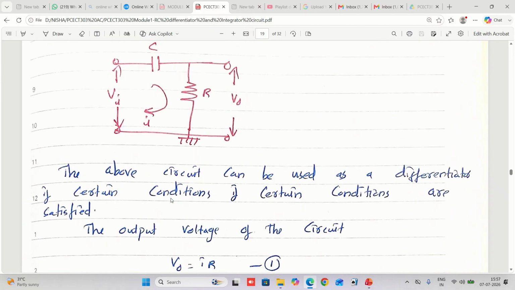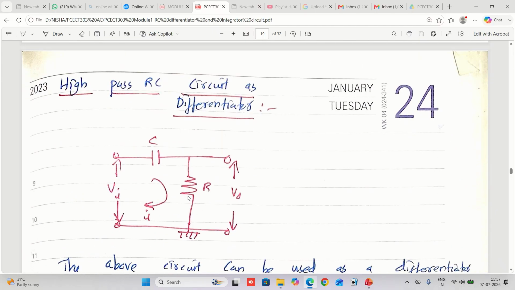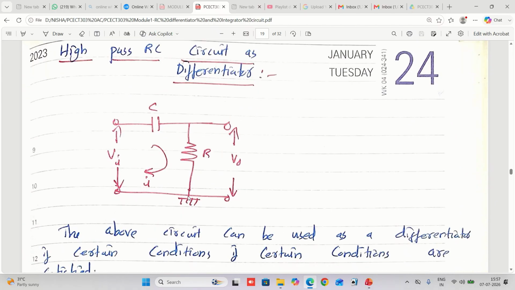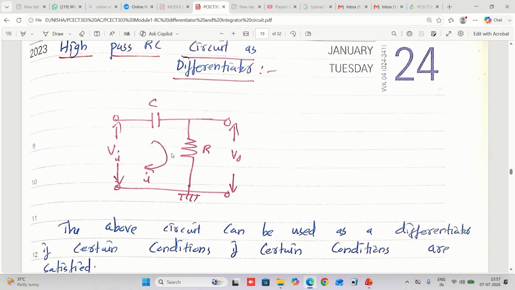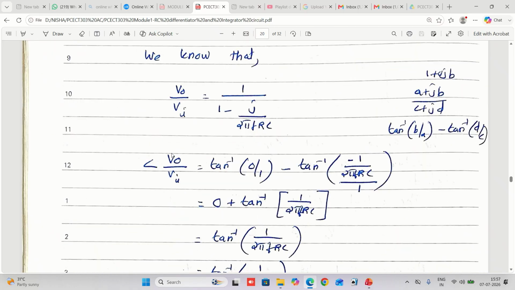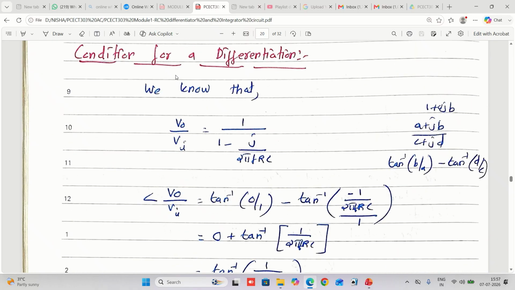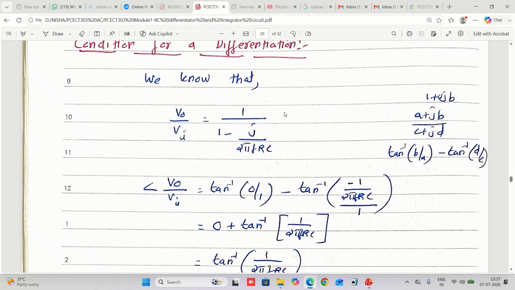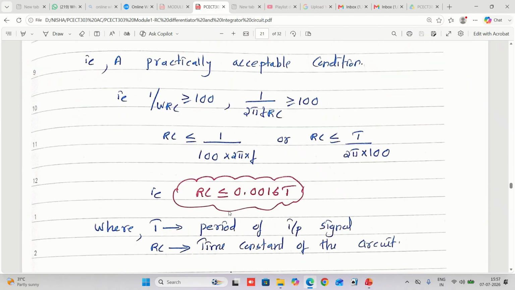So the high pass circuit can act as a differentiator under the following conditions: reactance should be very much greater than R and the RC time constant should be very much less than 0.0016 T. The condition for differentiation, that we already discussed, is that the RC time constant should be very much less than 0.0016 T.